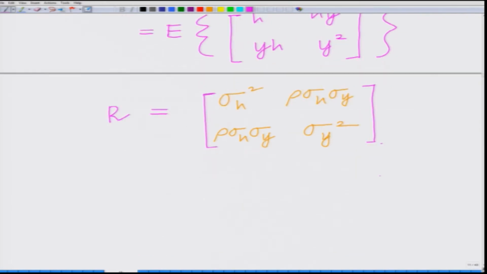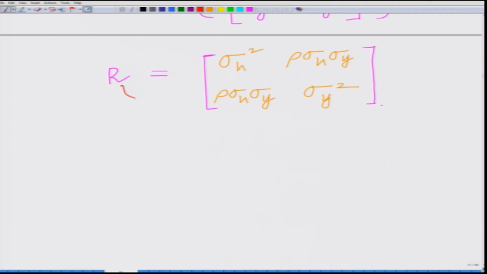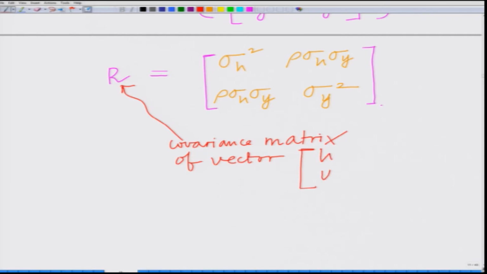This is your covariance matrix of the vector (h, y), where h denotes the parameter and y denotes the observation.